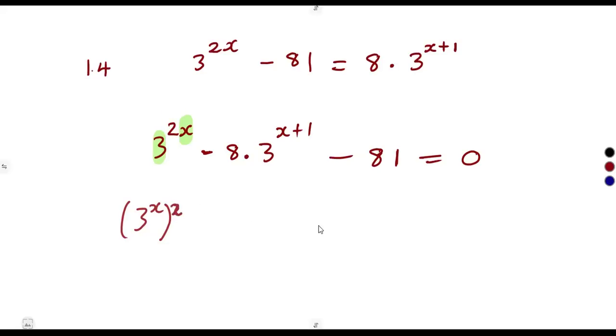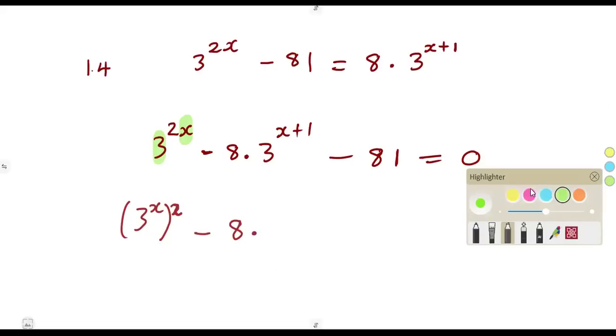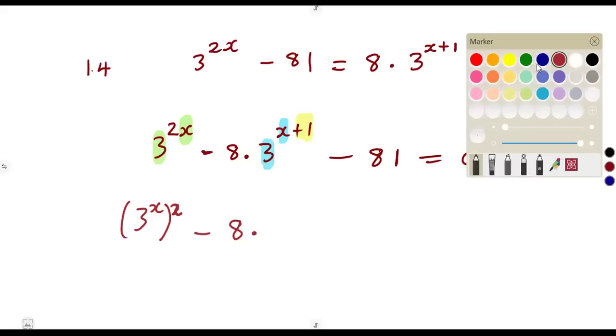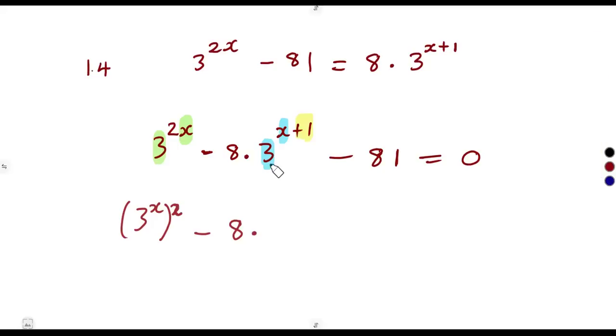It's one and the same. Minus 8 times, we need the 3 to the exponent of x, and we have it here. But look, there is a plus 1 here. What does it mean? It means it was a multiplication of 3 to the exponent of x and 3 to the exponent of 1, like this.